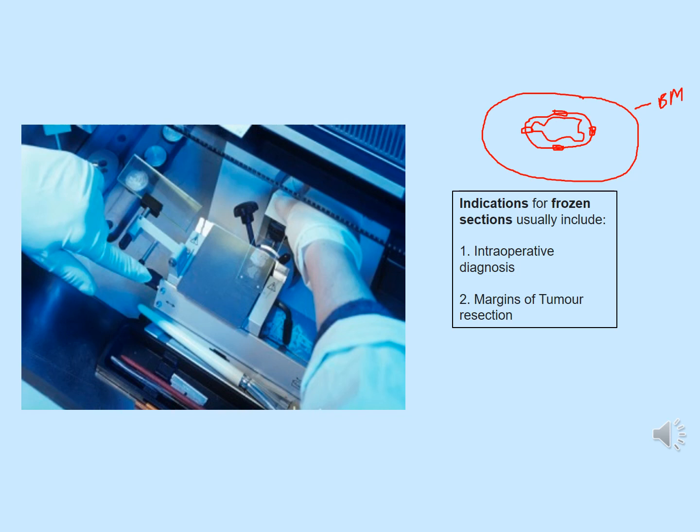I hope you get that. If the report says that these three margins are free but the anterior margin is not free, then they further resect more tissue so that eventually the surgical treatment ends up free of tumor margin.